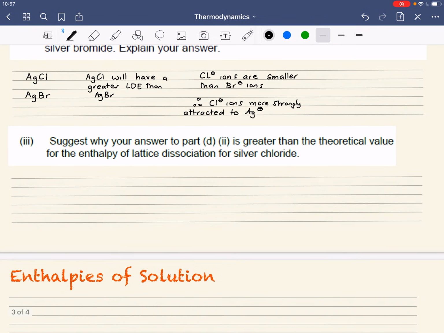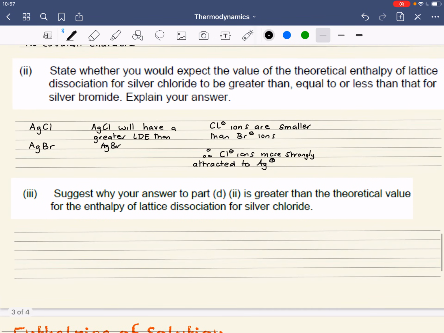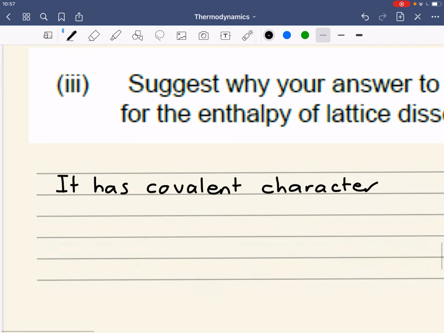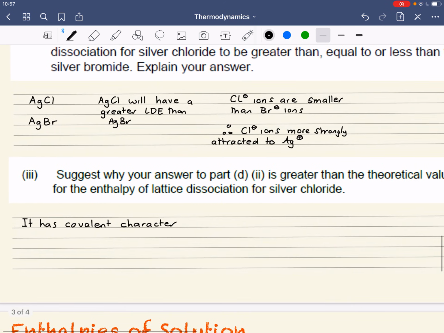It then says, suggest why your answer to part D, part 2 is greater than the theoretical value. And the reason is because it has covalent character. We said, why is the answer greater than the theoretical value?